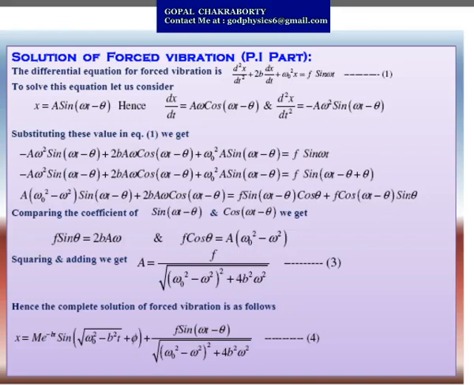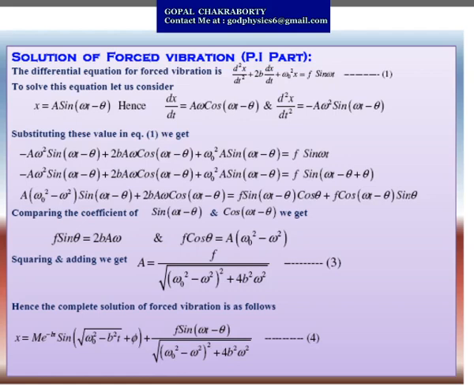Now how to solve differential equation 1 for the PI part, the particular integral part? Let us consider the solution x equals a sine of omega t minus theta. From there you can put the values of dx dt and d2x dt2. dx dt will be a omega cos of omega t minus theta, and d2x dt2 will be minus a omega square sine of omega t minus theta.